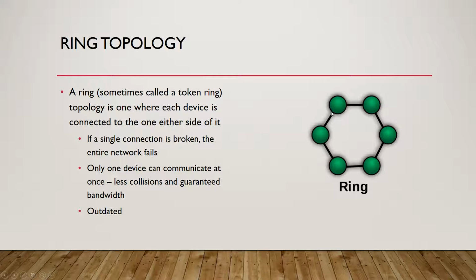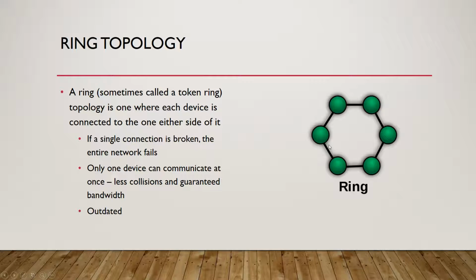Most modern computers only come with one network interface card, so you wouldn't be able to form a ring network with most modern devices. You would have to buy an extra network interface card.